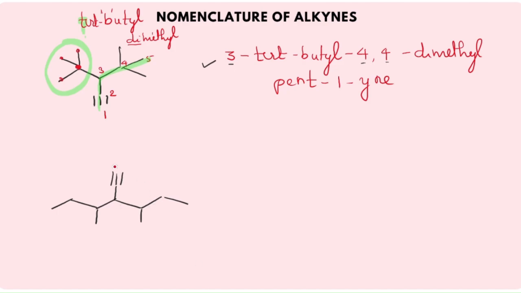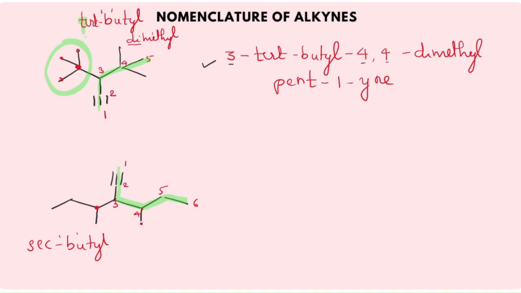So now let's see this one. This is also terminal, so better number from here, right? Either this side or this side, doesn't matter. It's a symmetrical molecule. This is the longest chain now, right? And count the number of carbons 1, 2, 3, 4. But this is a secondary. Therefore, it's a secondary butyl. And you should take the B of the secondary butyl for the alphabetical priority.